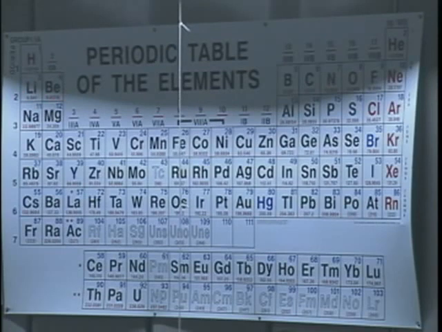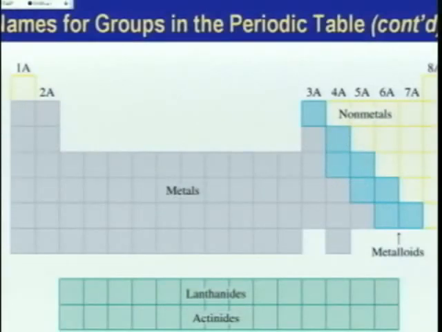You see that? And if you have chemical reactions and binding, it's essentially the outermost orbitals which are involved in the binding. Not in all cases, but you can take it sort of as a rule of thumb. The outermost orbitals are called valence orbitals, and the electrons in there are the valence electrons. So what this tells you, since we have the shielding of the inner electrons, is that the outer electrons are the ones who do the binding.